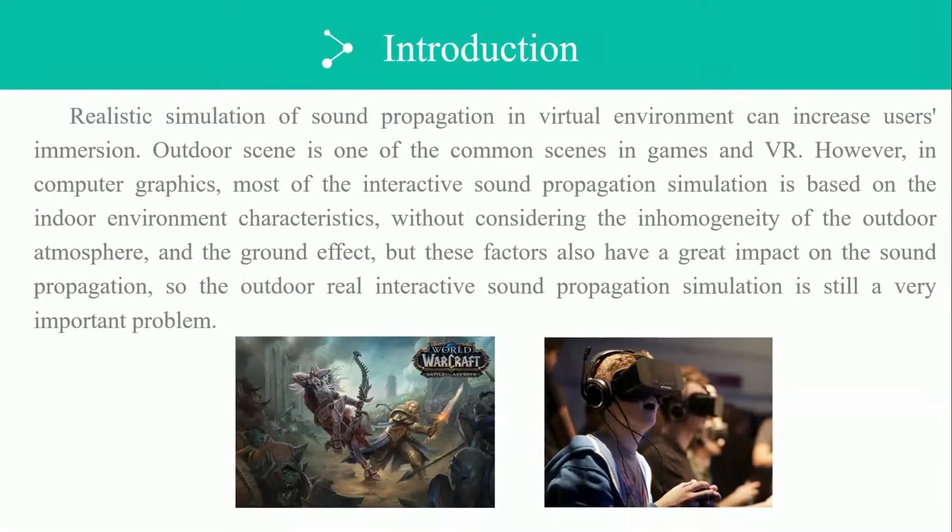However, these techniques do not consider the two key factors affecting outdoor sound propagation: the inhomogeneity of the outdoor atmosphere and the grid effect. In this paper, we propose an adaptive FDTD-PE method which can quickly simulate sound propagation in outdoor inhomogeneous atmospheric scenes with an abundance of grid.